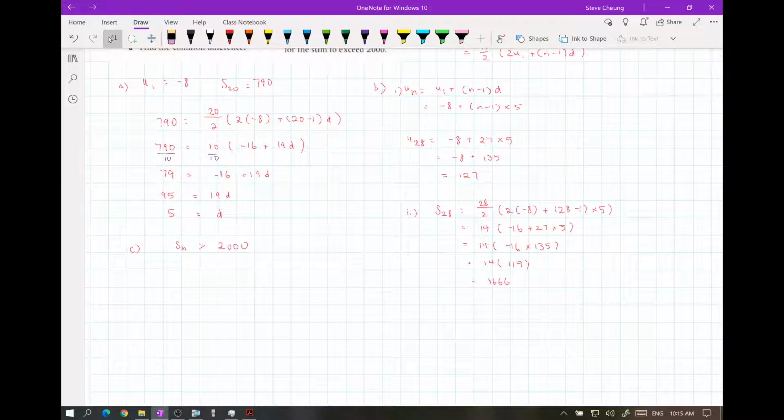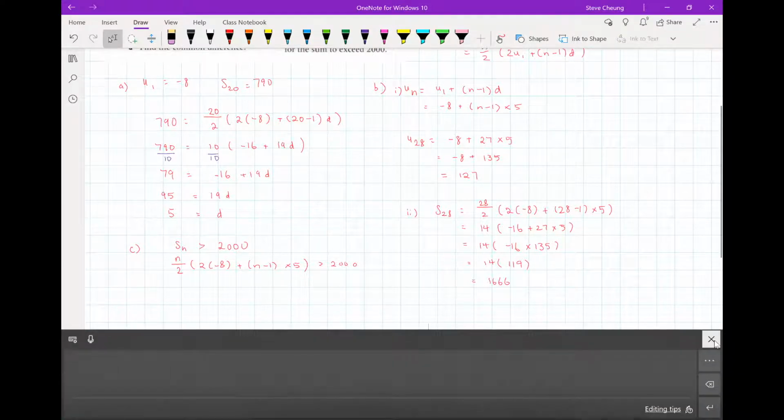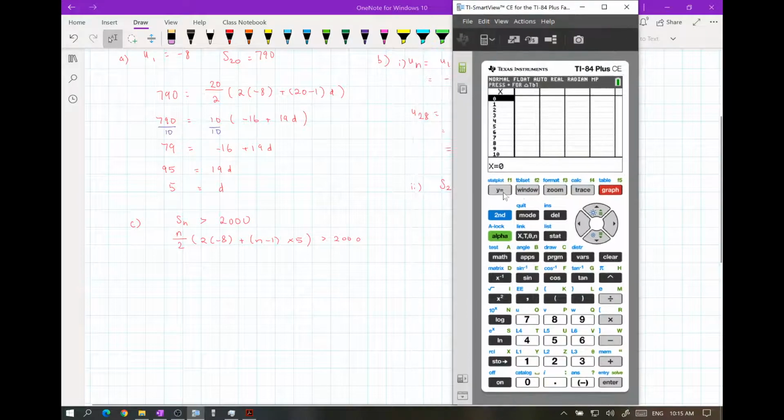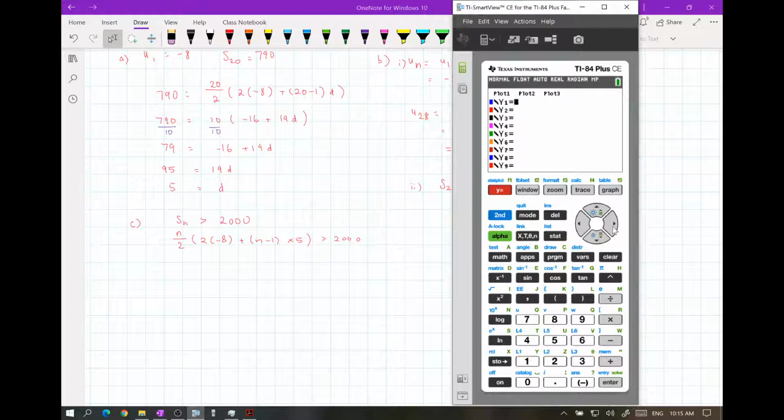So we can write down the sum formula. This will be n minus 1 times 5. And then we can actually solve it algebraically, but then this might involve a quadratic, which is not very nice to handle. So what I would suggest for this type of question is to use the GDC and find the changing point.